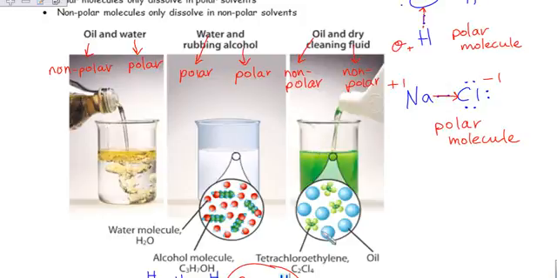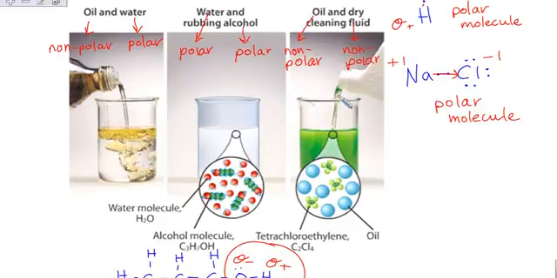So I could tell you also then that dry cleaning fluid probably is not soluble in water. They could do this on a test question, inferring about the solubility of a compound. Water is the most common solvent. So if I knew that water was polar, then oil must be nonpolar. And then if they told me that oil and dry cleaning fluid do mix, I could tell you then that these must have the same polarity. Both nonpolar in this case.